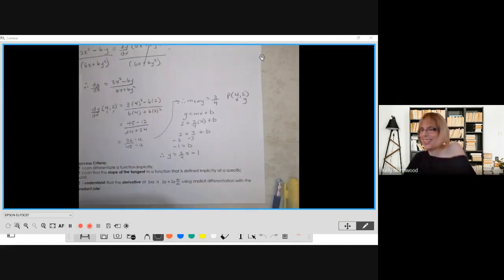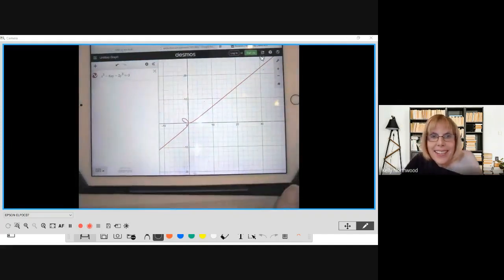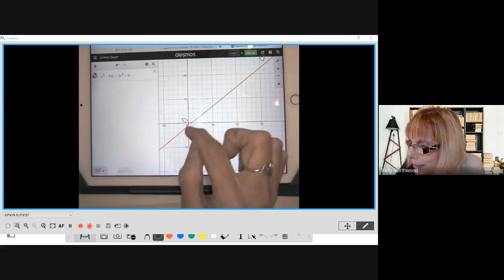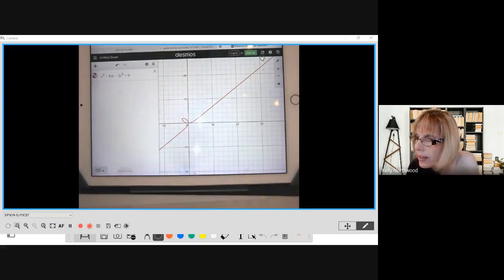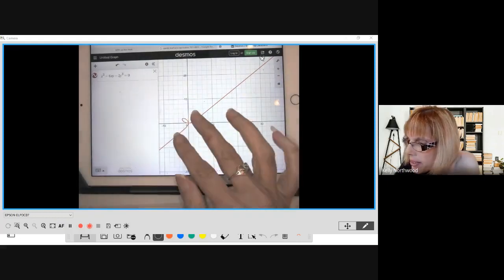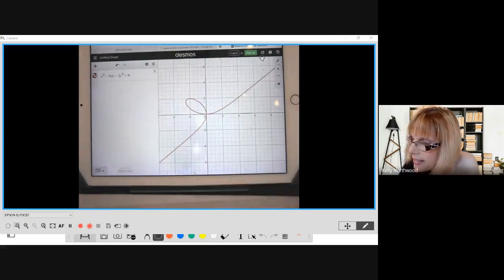Look at what it looks like. It's got this little loop. And we want to know, so that's what it looks like. Kind of neat.